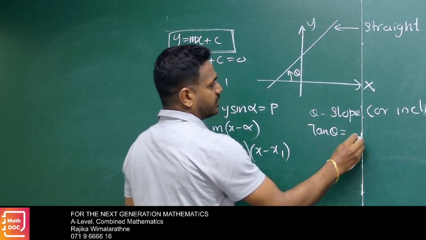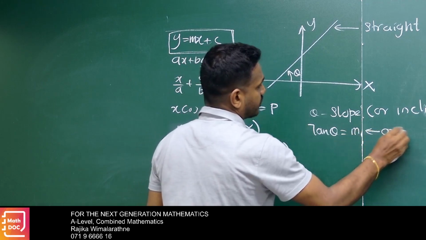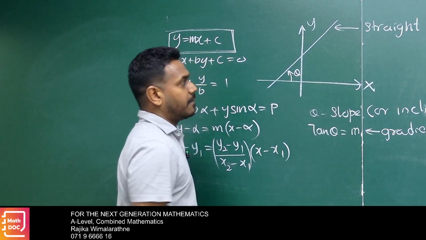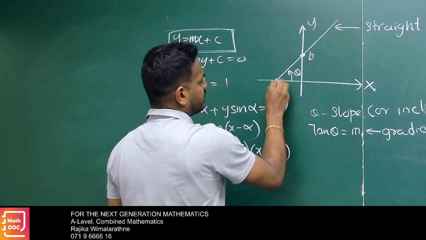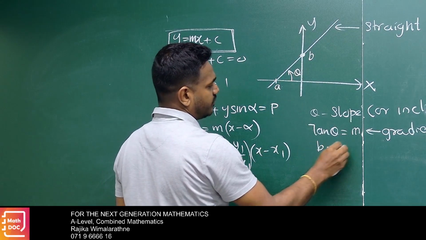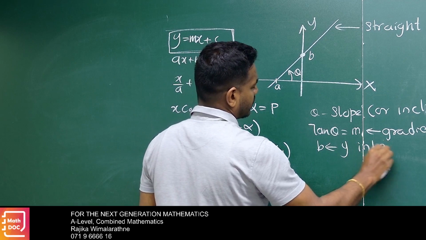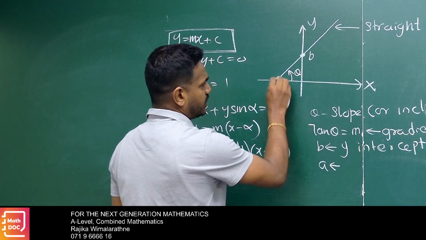Then tan theta we call gradient, m. Then here this point we call say B, here say A. Then B we call y-intercept. And here A we call x-intercept.